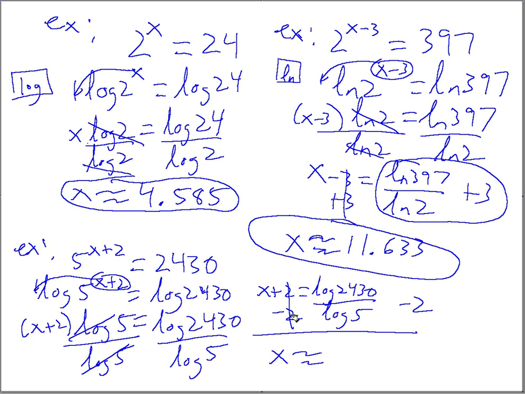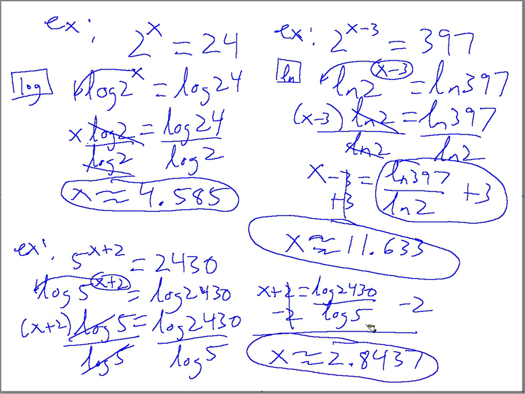So we get roughly for x 2.8437. Now again, just follow the text in terms of how many decimals to round to when you do the homework on this.